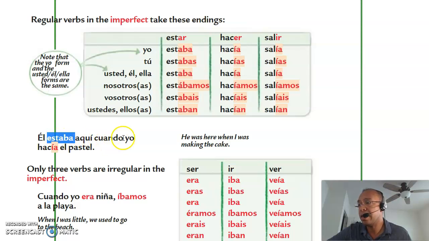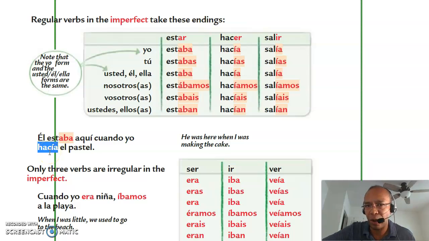Cuando, when. Yo, I was making, when I was making the cake. Notice that this is an action that was going on in the past, but we didn't know exactly when. That's why we used the imperfect. Hacía. Él estaba aquí cuando yo hacía el pastel.